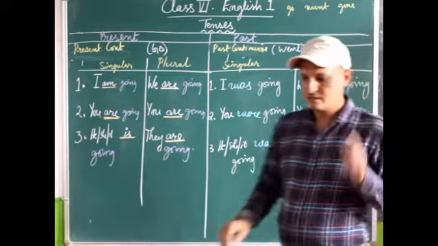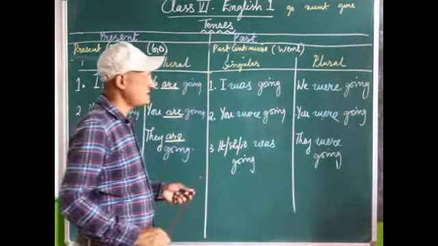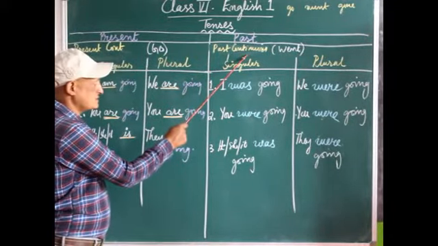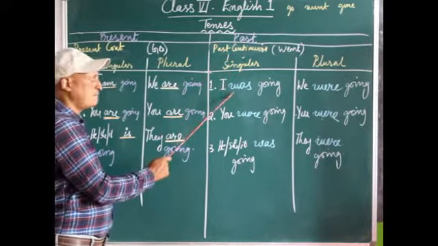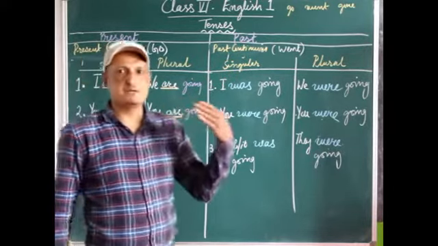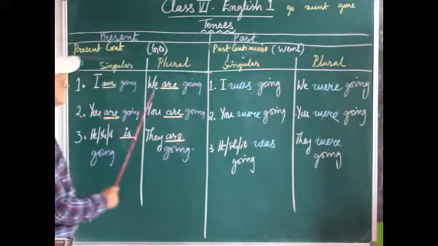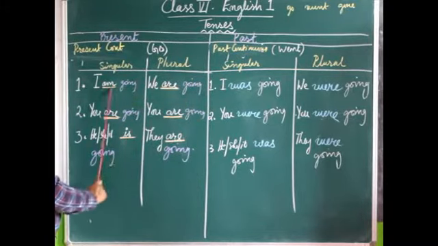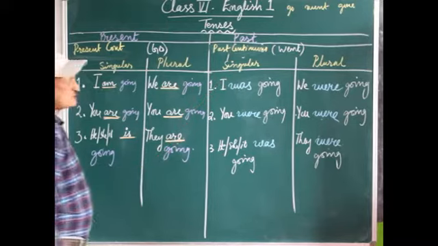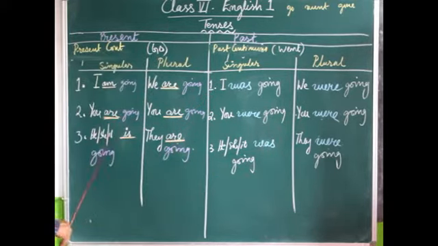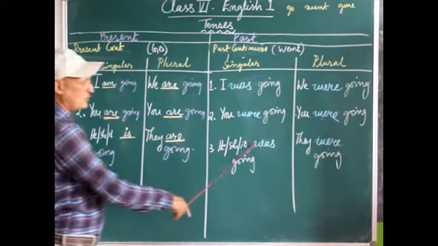Did you get it? These are the only three changes that you have to keep in mind. In the past continuous, what happens? The helping verb also becomes the past, or we use the past form of the helping verb. The past form for am is was. The past form for are is were, and the past form for is was.